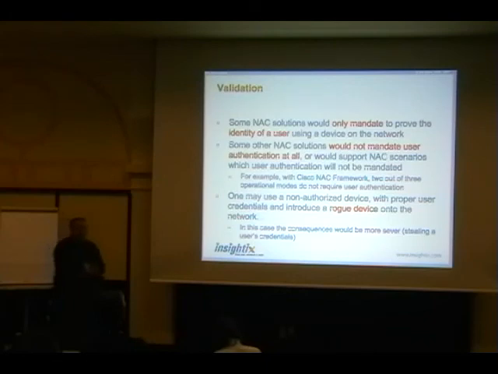Because at the end of the day, we can bring any type of hardware we would like, use a username and password that is valid to the NAC solution, and gain access to the network with a rogue device. So technically speaking, this is easier than stealing a user's identity, or for example, bringing my laptop from home, connecting several devices, and doing whatever I want on the network because I have a username and password that is valid to the network access control solution.